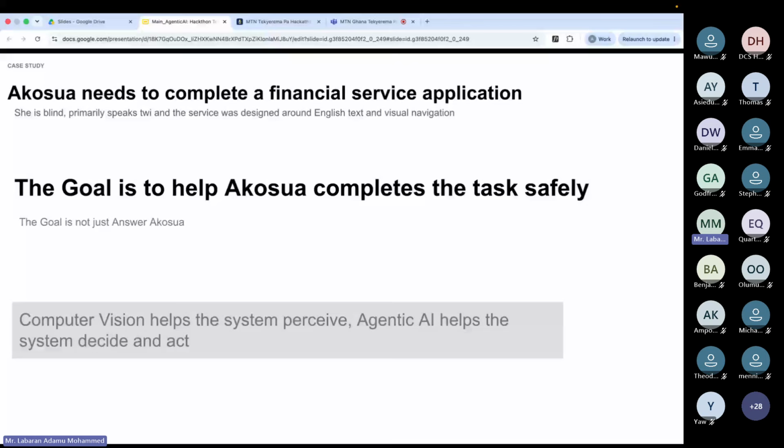There are also screen readers in terms of accessibility. Currently, we don't want the agent to read what's on the screen verbatim. We want the agent to describe the situation to the user: you did this because that's why we are requiring this. That's the kind of communication we want with this user.